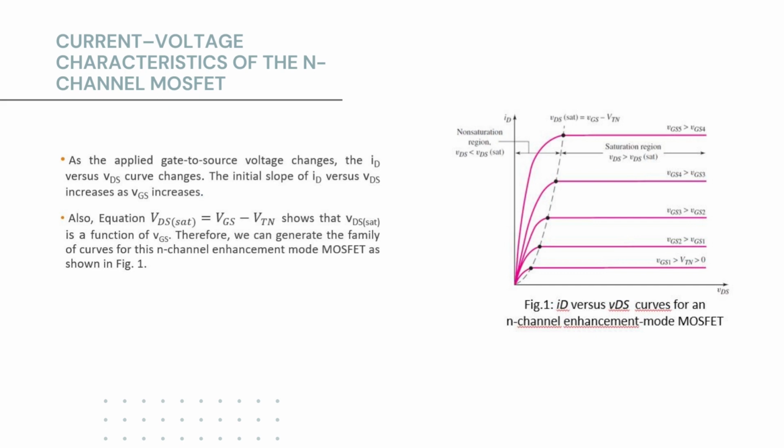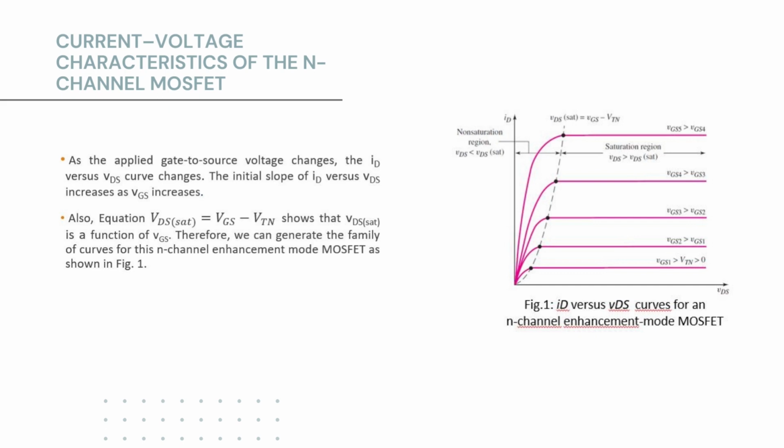Now we have applied the gate voltage up to the threshold voltage, so our device is turned on. Now we increase the value of the drain to source voltage. As we increase it, initially our curve moves in a linear fashion, and that is the active region of the device.